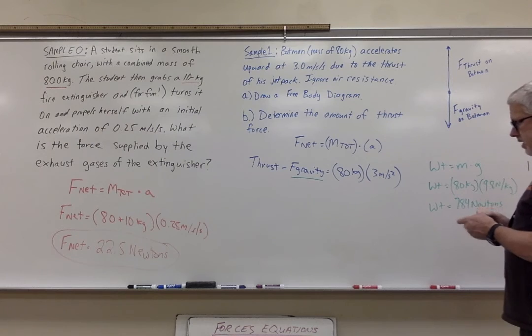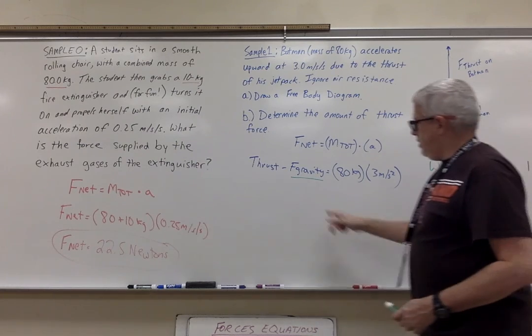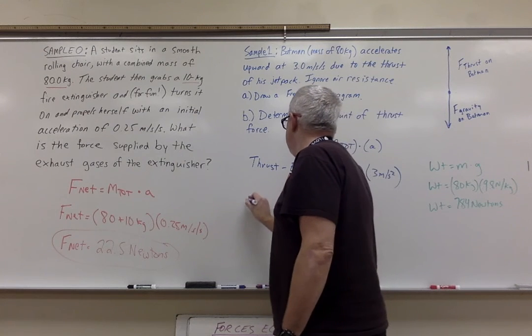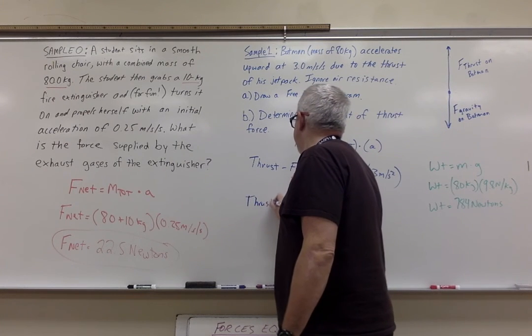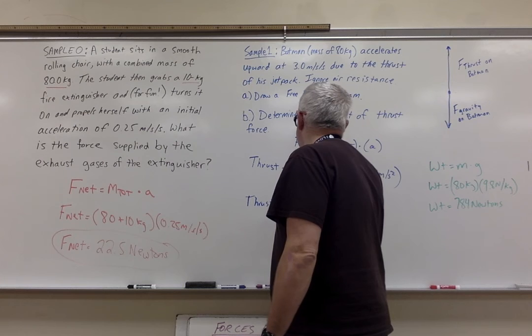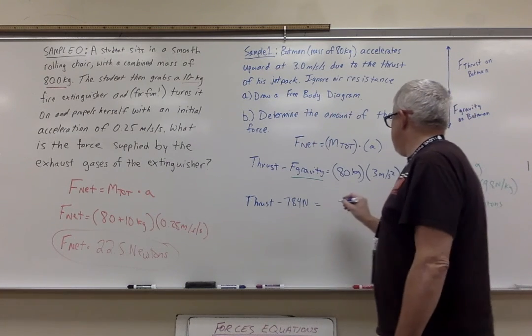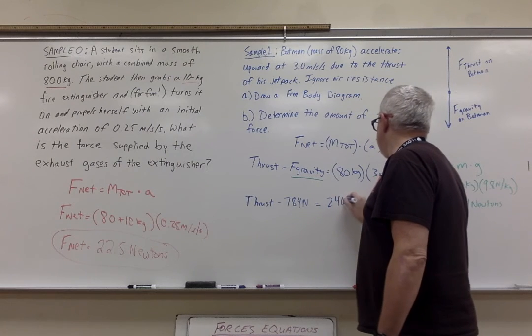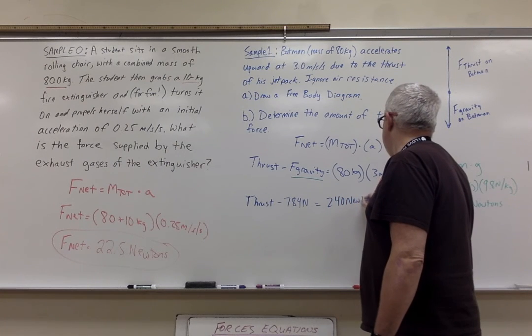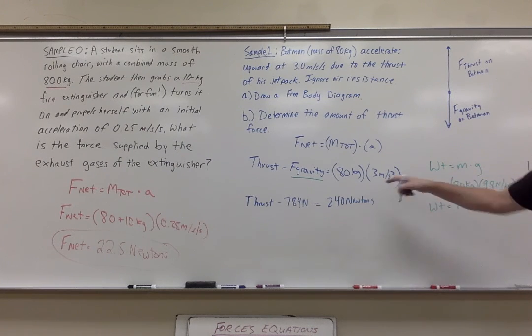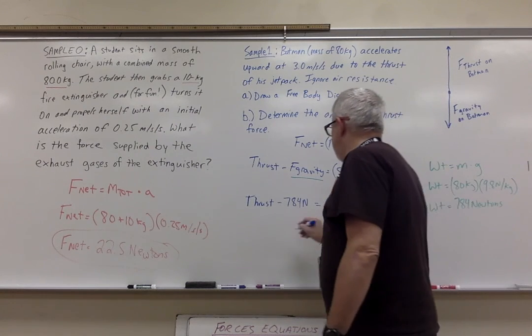So now I'm going to go back here, and I'm going to say that thrust minus 784 newtons is equal to 80 times 3, which is 240 newtons. That would be easier to understand if we changed this to newtons per kilogram instead of meters per second squared. That's another way you can tell that they're equivalent. So I'm going to move this to the other side.